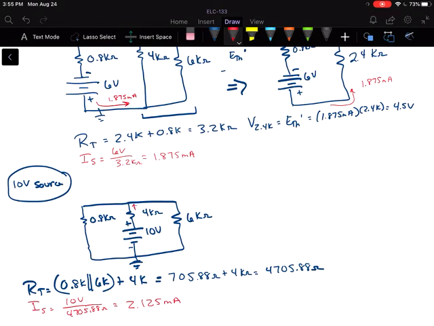So again, if I had redrawn the circuit, I think I'm showing all of my bad habits here of skipping a step. That what we had here was our 4K and our 705.88 ohms right here. We've got 2.125 milliamps here.